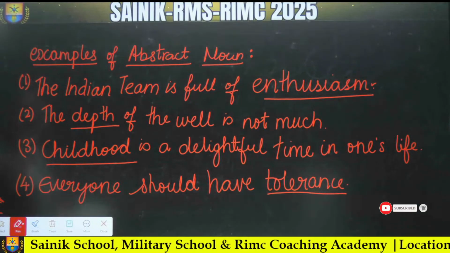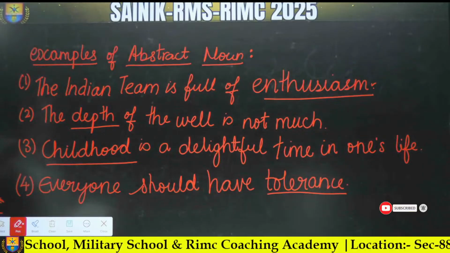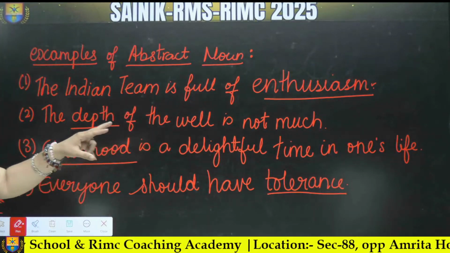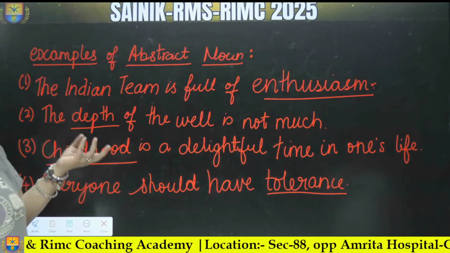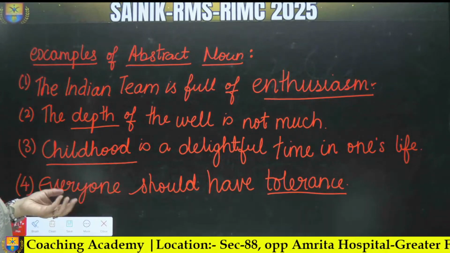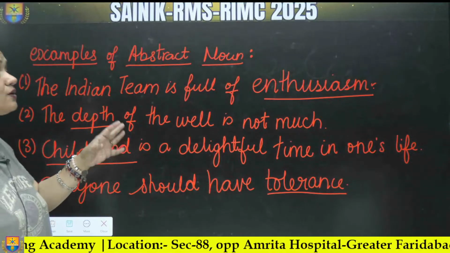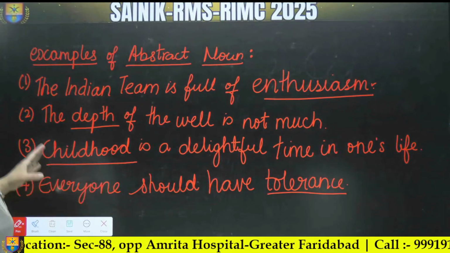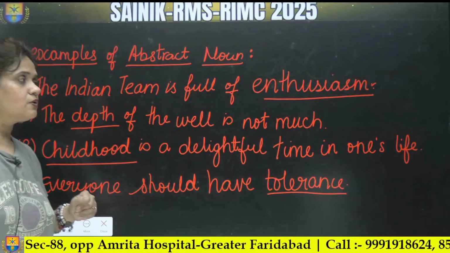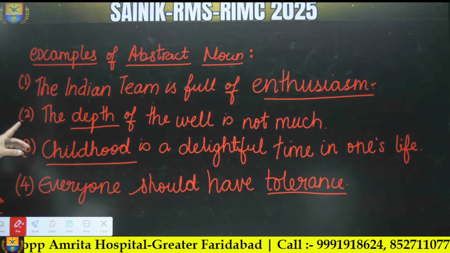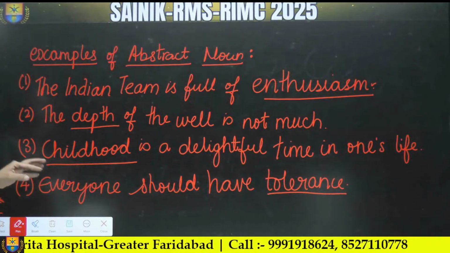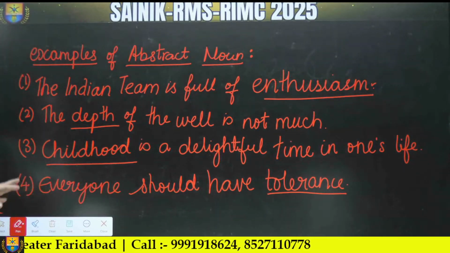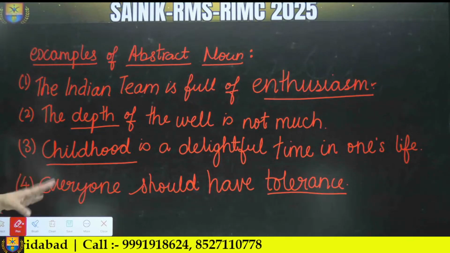Now let's read the examples one more time. The Indian team is full of enthusiasm. So the word enthusiasm here, we cannot touch it. We can only feel the word. The team is enthusiastic. The depth of the well is not much. In this, the abstract noun is depth. Childhood is a delightful time in one's life. Childhood has always been delightful for everyone.